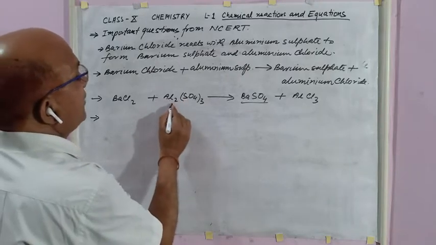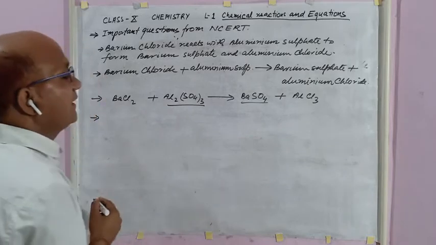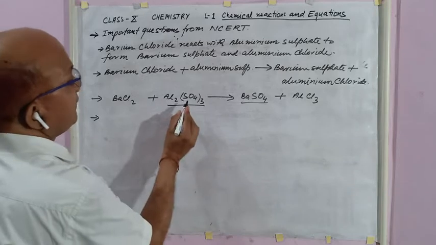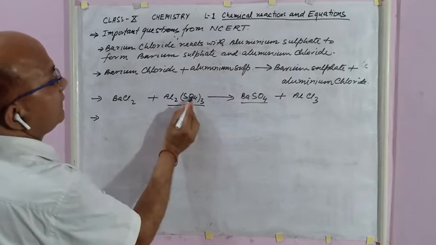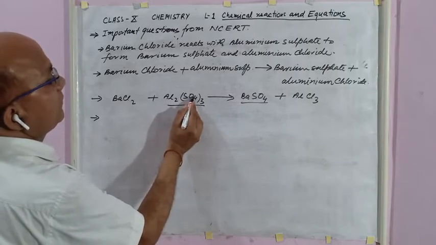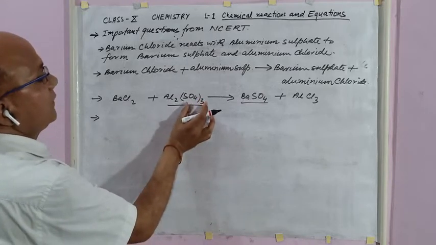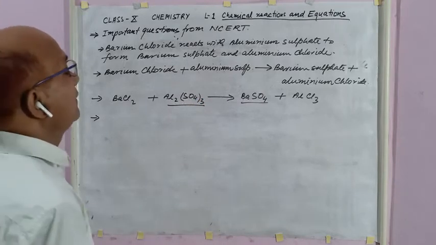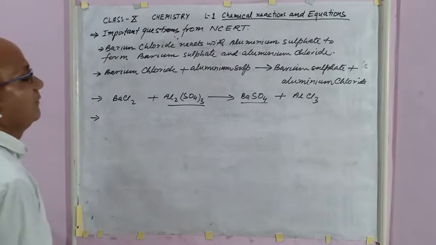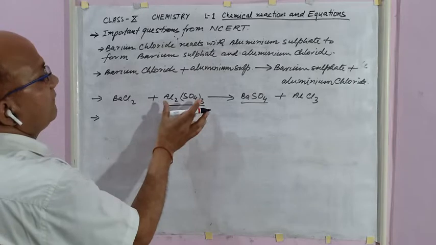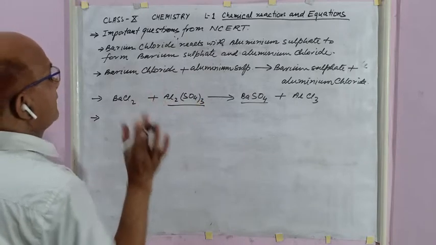So aluminium sulfate is the biggest formula, and here the total oxygen atoms, SO4 whole thrice, 4 3s are 12. So total oxygen atoms are 12. So we select this and we will start balancing from this.